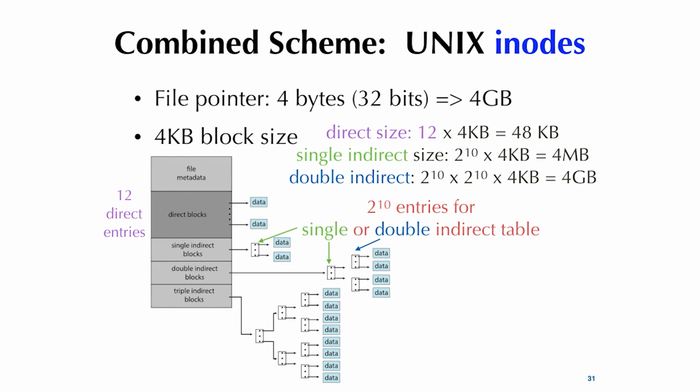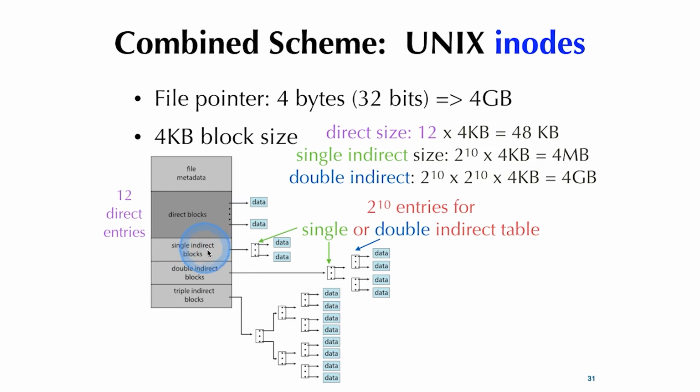All you need is one inode, and random access within this small one is easy because you just index and get the block. So the direct size is what? If it's 12 entries, assuming 4K blocks, 12 times 4K is 48K, and for anything up to 48K all you need is one inode.